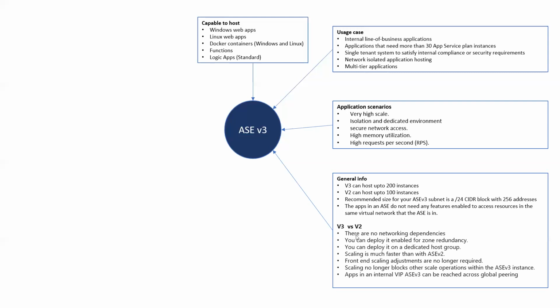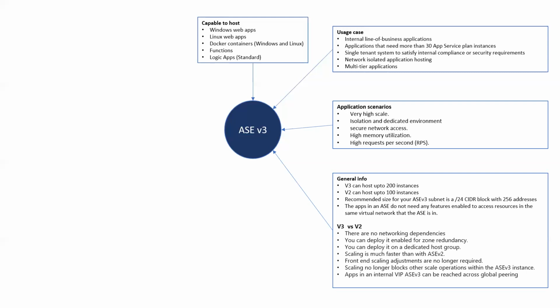So let's take a look at some of the differences between v2 and v3. There are no network dependencies. You can enable zone redundancy. That's one of the biggest differences in v3. And you can also deploy it on a dedicated host group.